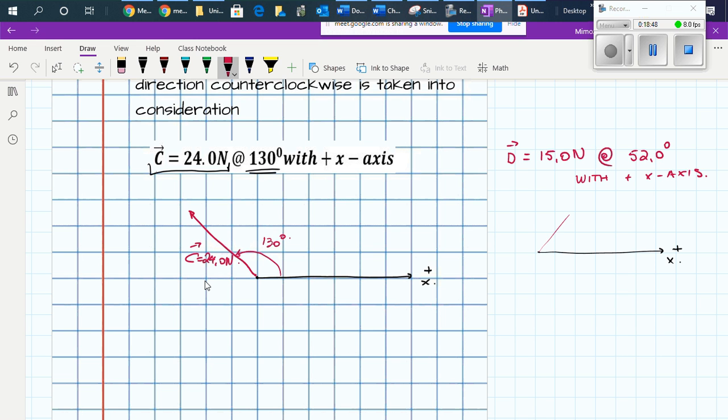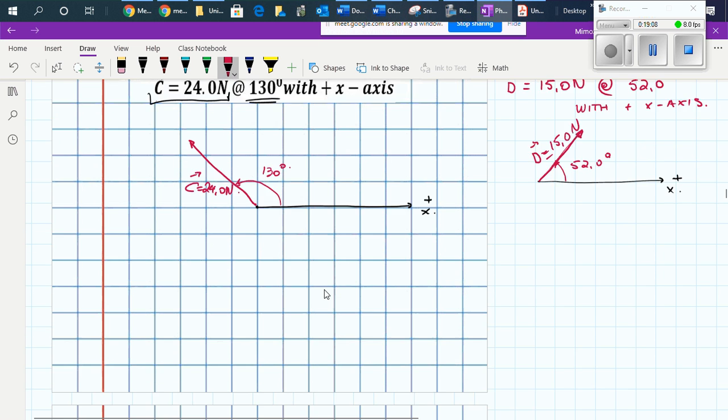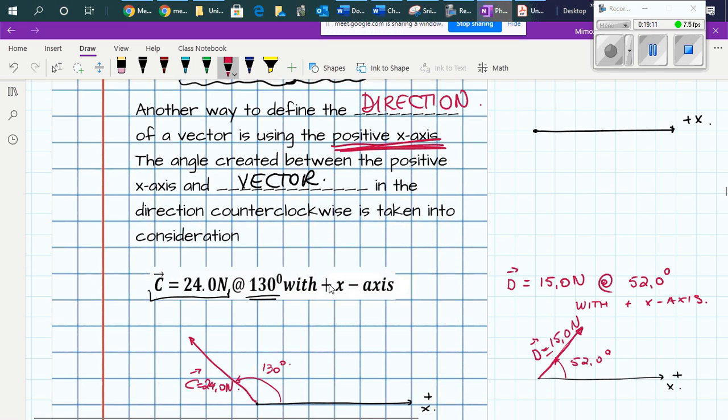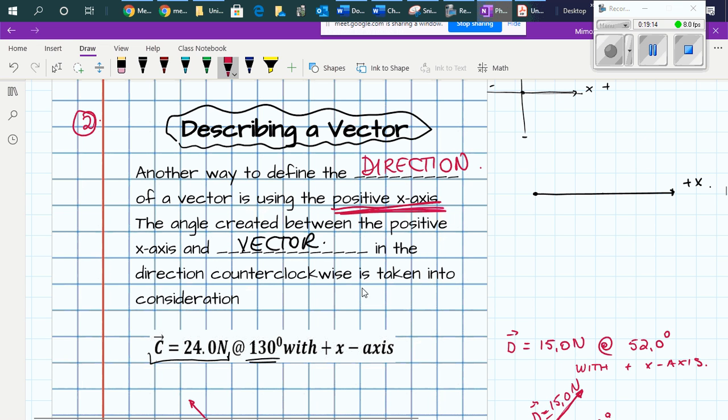Sorry, 52 is somewhere in here in the counterclockwise direction. So this will be 52 degrees, and the magnitude of this vector D is 15 newtons. Okay, those two ways are not used as often in physics, but you need to know how to describe and how to represent a vector even if you have this kind of situation.